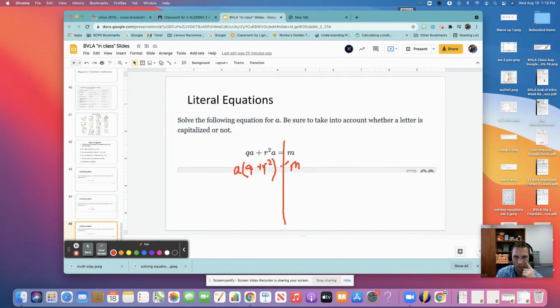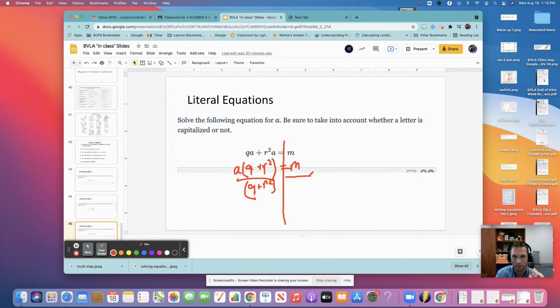Okay. So what I did was I recognized that A had been distributed and I can undistribute it. And then now I read it as A times Q plus R squared. So the inverse of times is divide by that number, Q plus R squared.